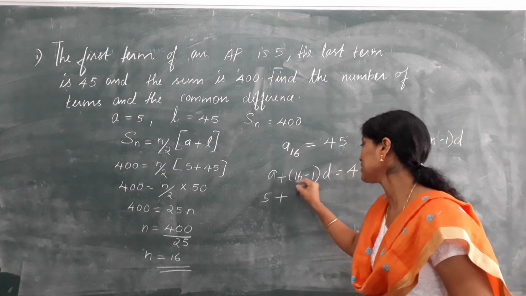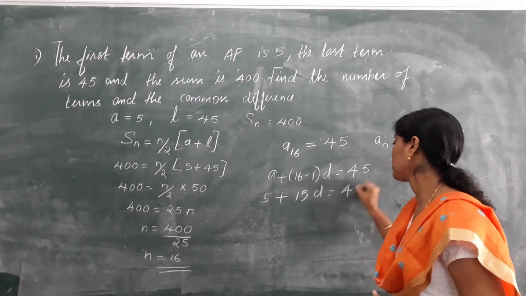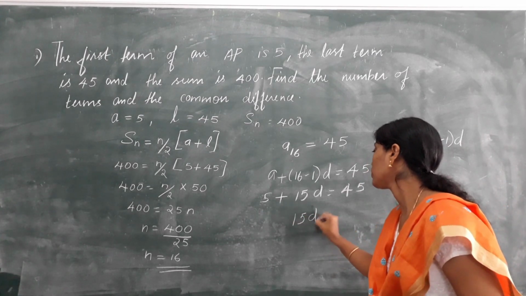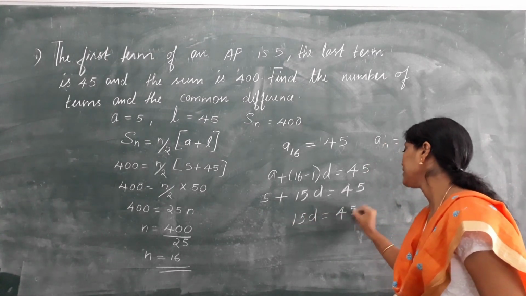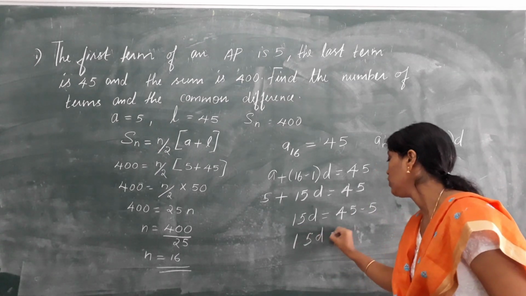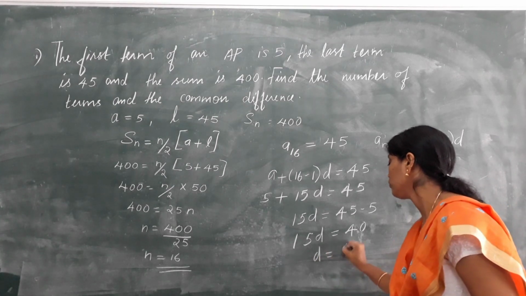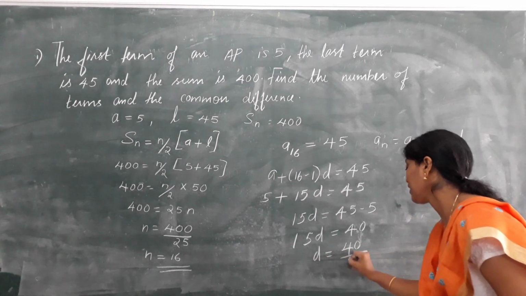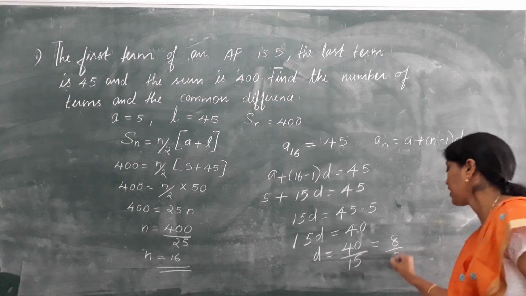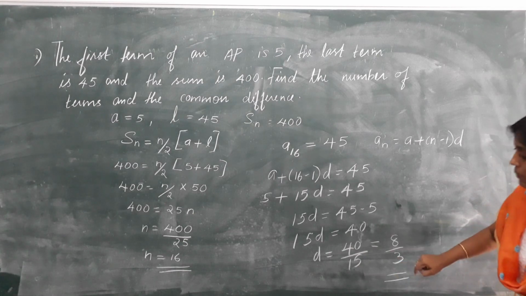So, 5 plus 16 minus 1 is 15d, that is equal to 45. So, we get 15d is equal to 45 minus 5, which means 15d is equal to 40. So, d is equal to 40 by 15, which is equal to 8 by 3. So, the common difference d is equal to 8 by 3.